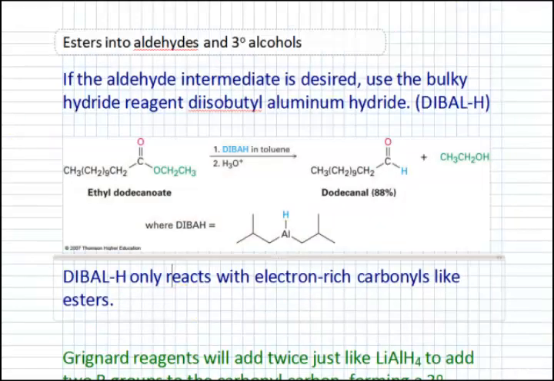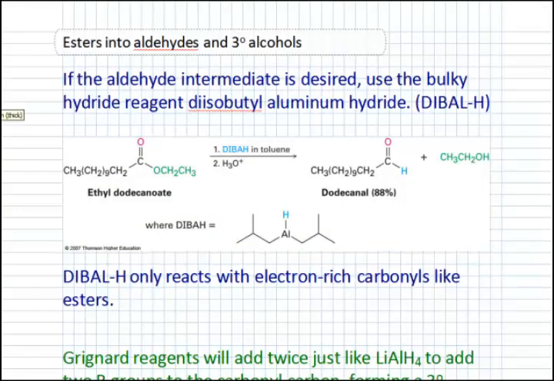If we do want that aldehyde intermediate, if we want to stop at that aldehyde and not go any further than that, we can use a bulky hydride reagent like diisobutyl aluminum hydride. We had mentioned that before as a way of producing aldehydes from esters. So DIBAH, or DIBAL-H as I know it most commonly.